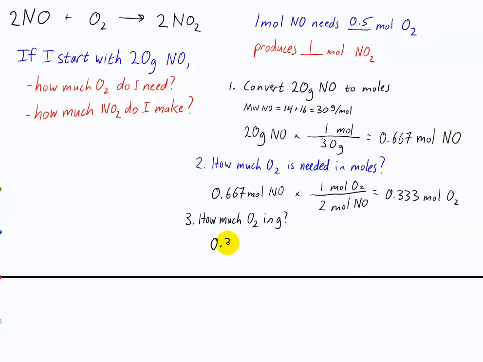So we take 0.333 moles of oxygen and multiply it by how many grams per mole? 32. Each oxygen is 16. There's 2 of them, so 32 per molecule. And that gets us like 10.6, 10.7-ish.